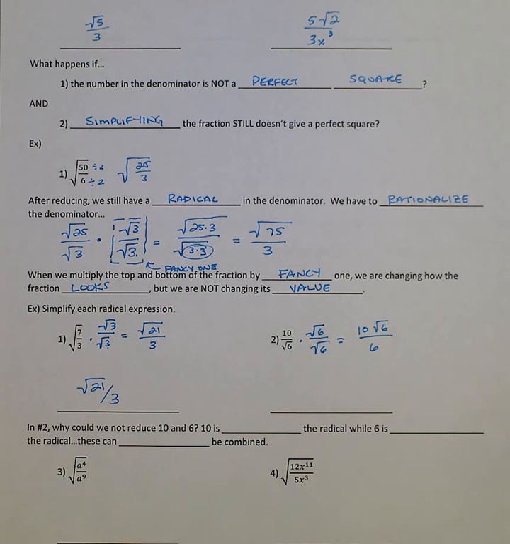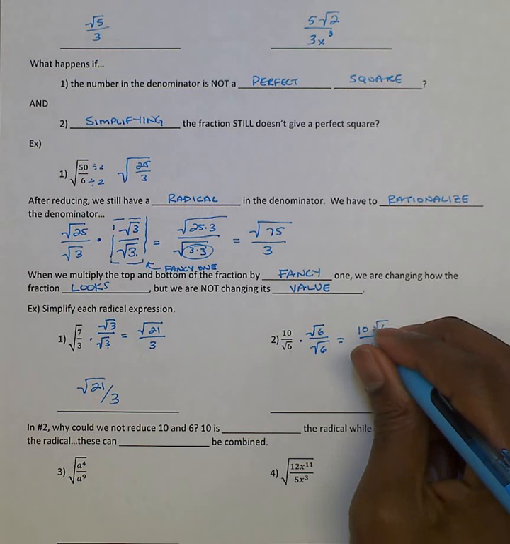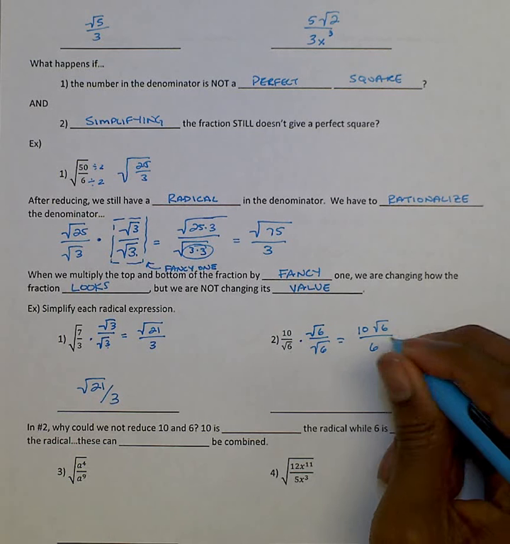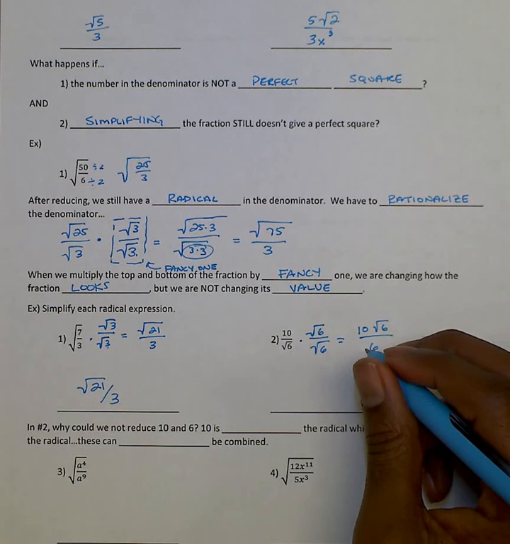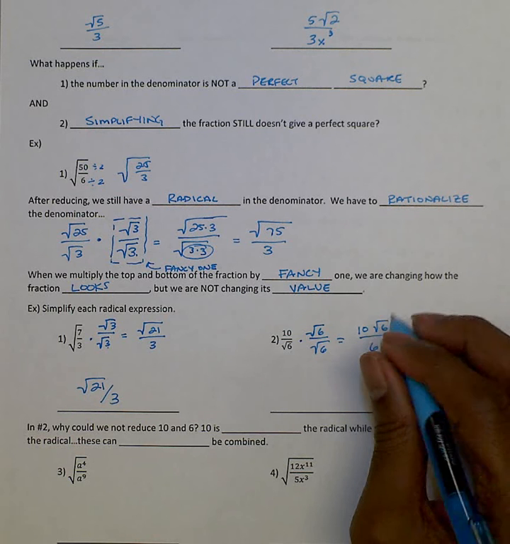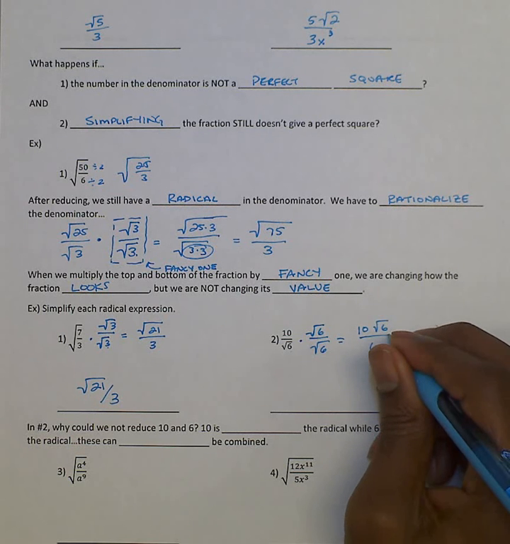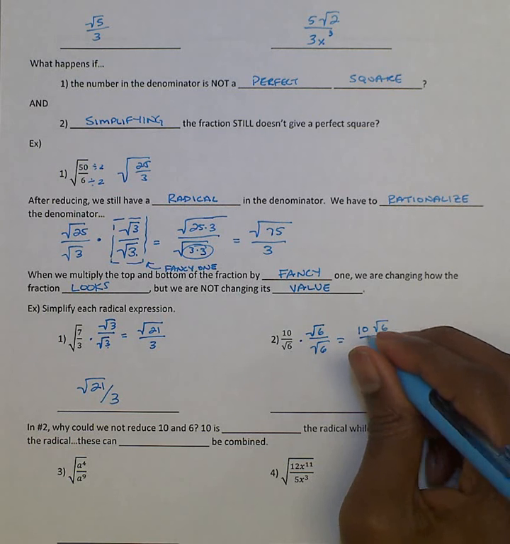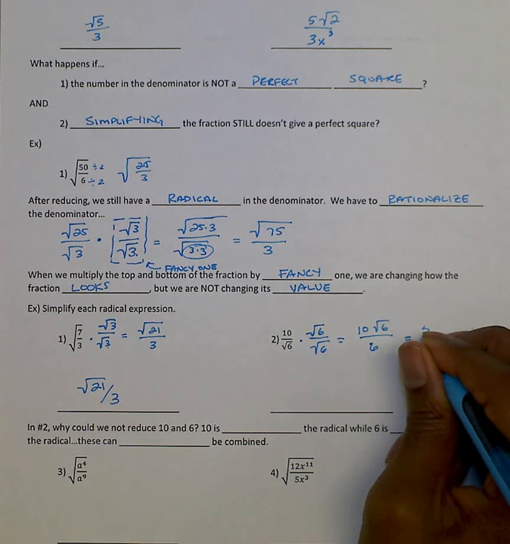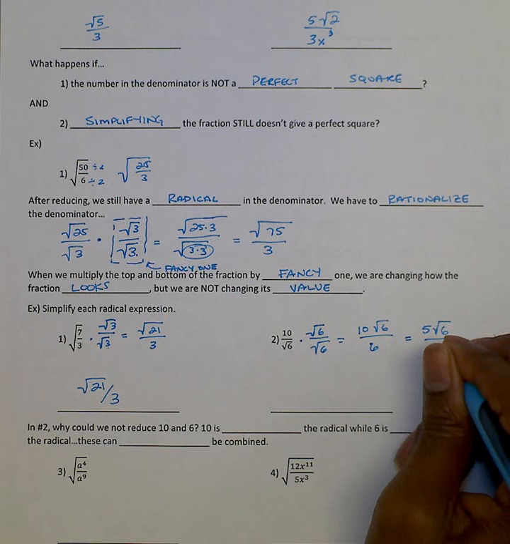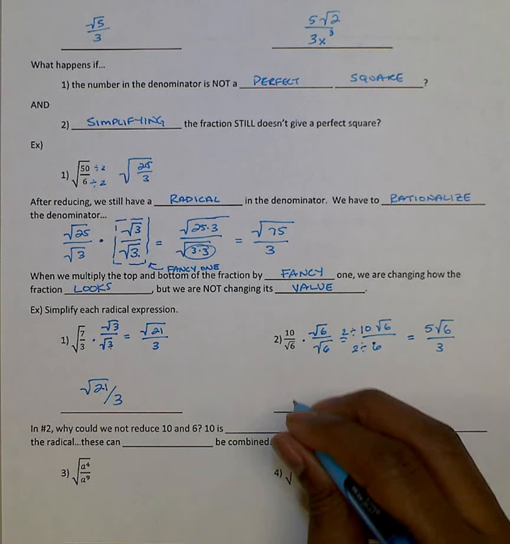Alright, so we did that, and now see that we have 10 and 6 here. And so what we're going to do is we're going to try to simplify this fraction. Since 10 and 6 are outside, we're going to simplify this fraction. 10, 6 simplify to 5 over 3. So 5 radical 6 over 3. So we can take 2 out of both of those, right? And so then that's our final answer.